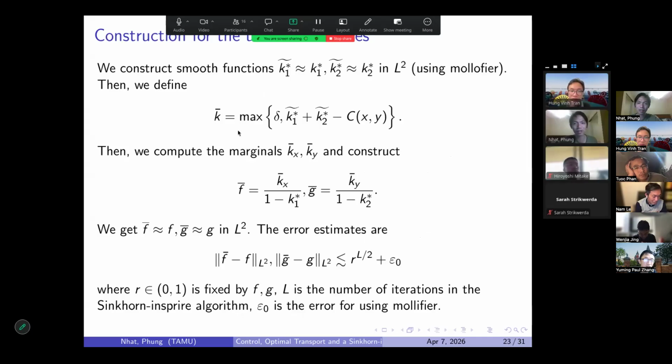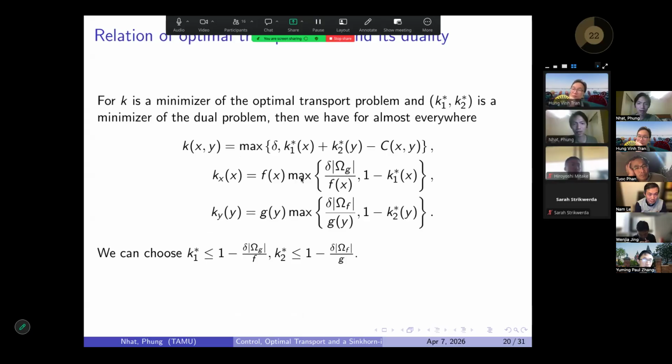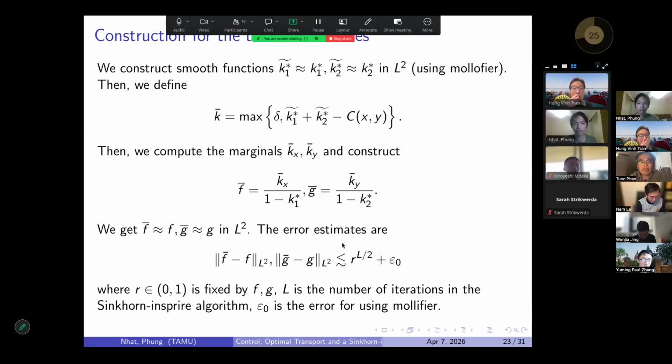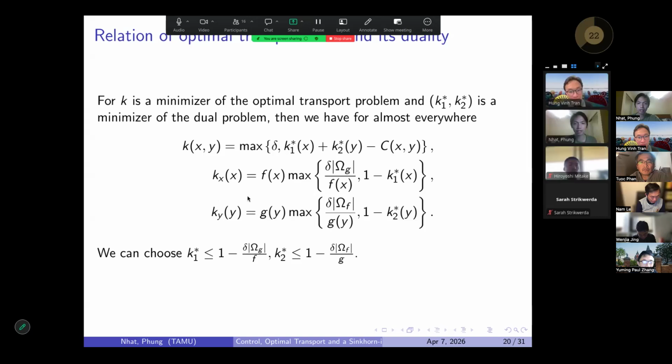For example, here, after we have this equality and then we enforce this, it has a unique solution that satisfies this condition, unique up to almost everywhere with respect to Lebesgue measure. And then we have this equality to define KX and KY, so it's also unique almost everywhere.